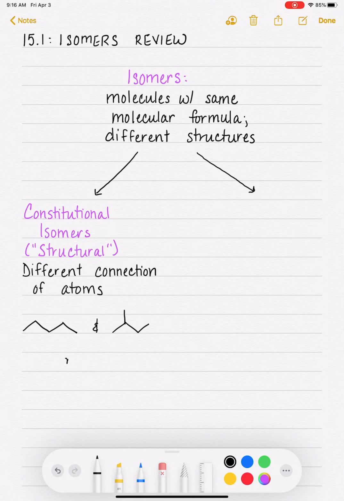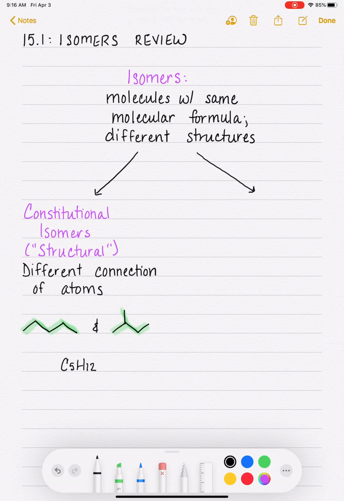They are both C5H12. But they have a different connection of atoms. The molecule on the left, pentane, is just a straight continuous chain of 5 carbon atoms, whereas the molecule on the right is 4 carbon atoms in a row, and the 5th carbon atom is branching off of that row.